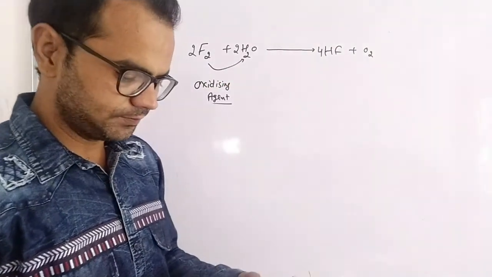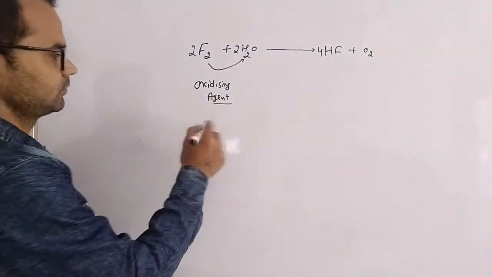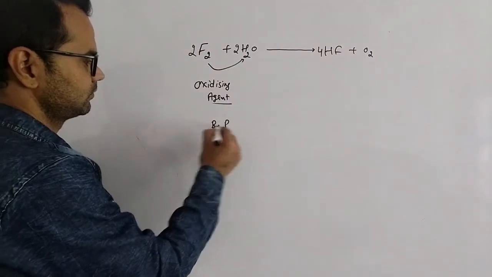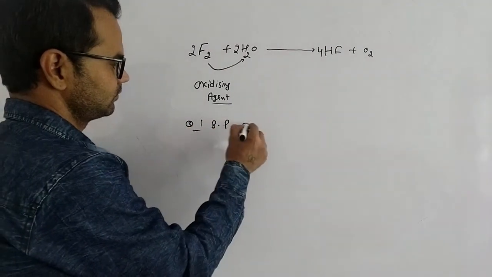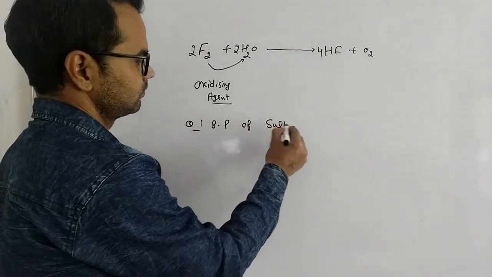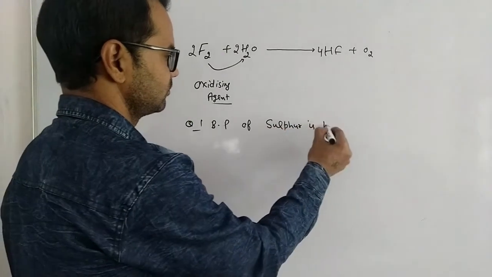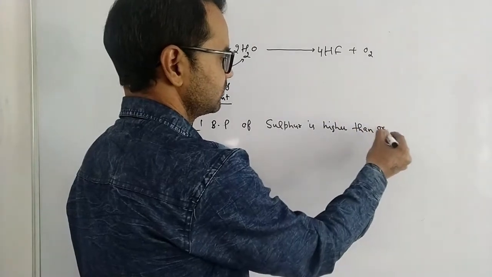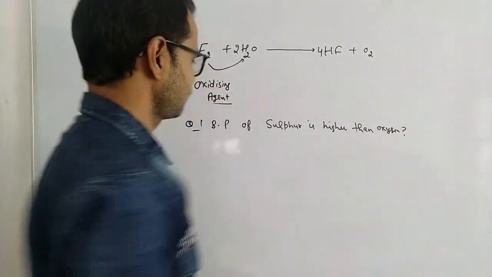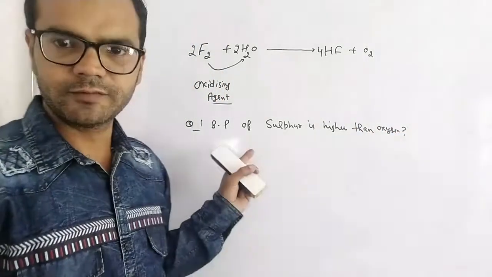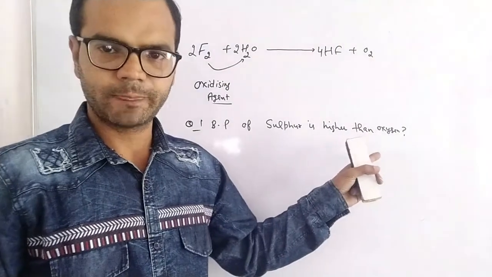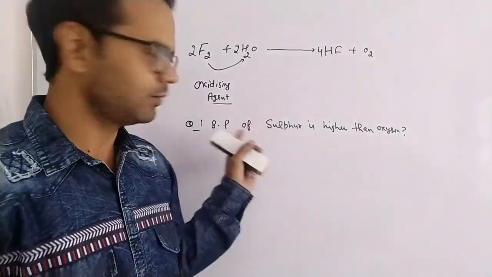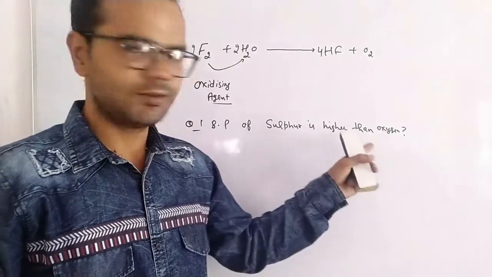Next question is: boiling point of sulfur is higher than that of oxygen. We have to explain why the boiling point of sulfur is higher than that of oxygen.